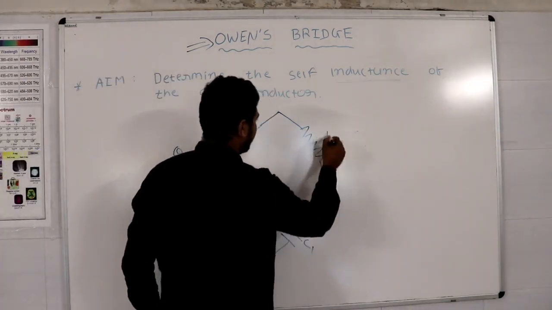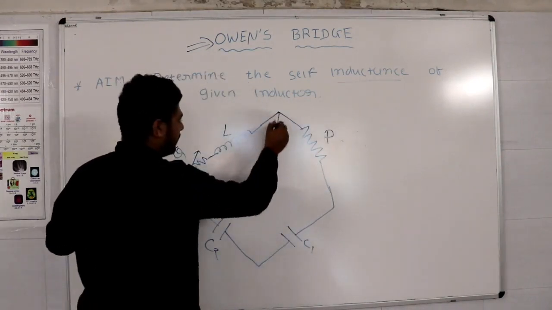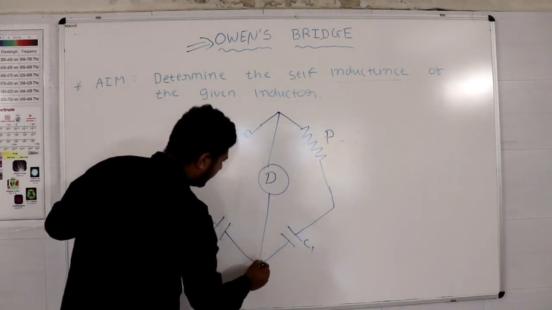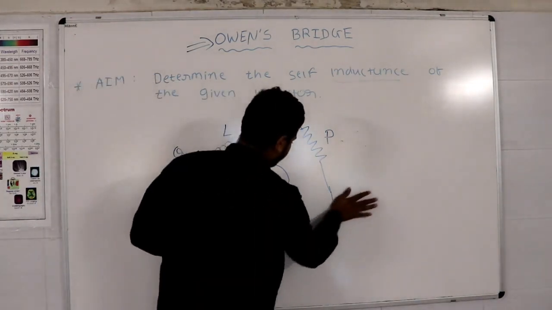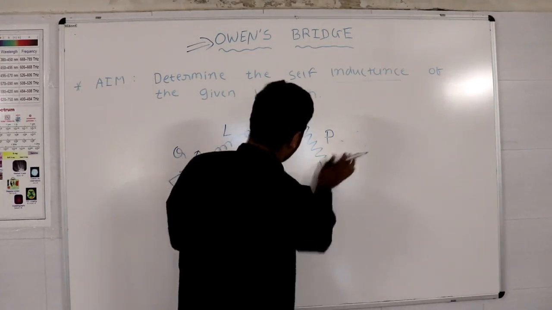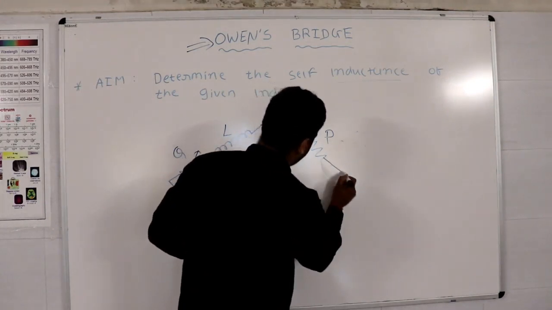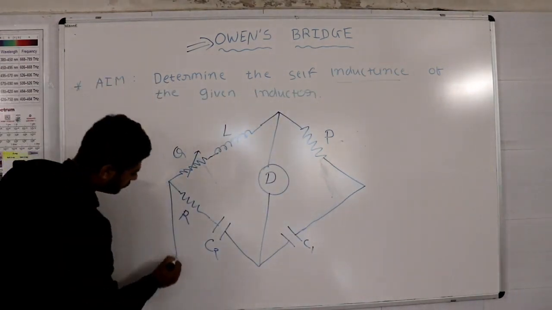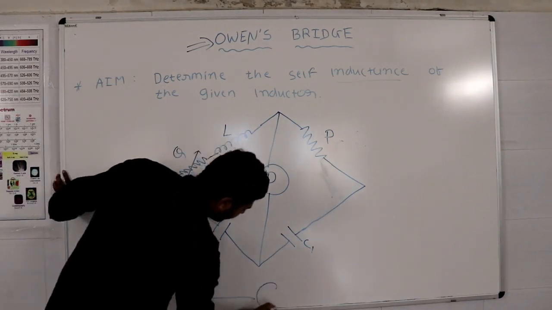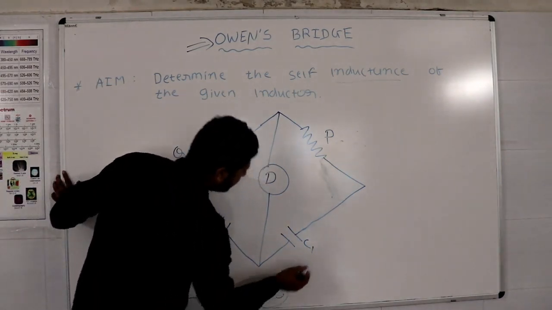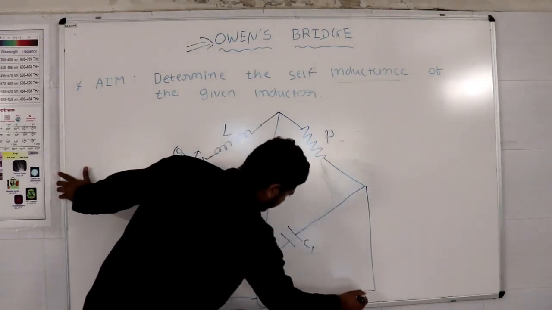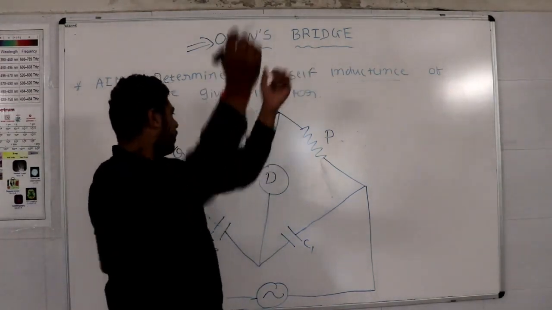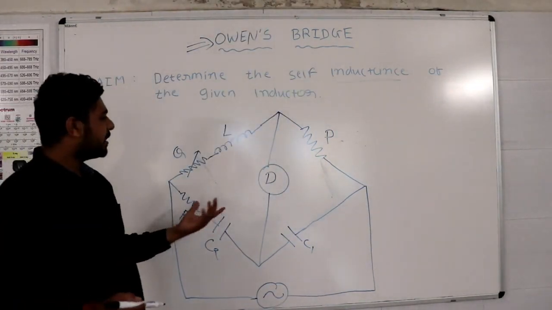This is P. Here is a null detector, which I am calling D. We are giving an AC signal, so I place an AC source here. Okay, so this is the basic circuit diagram.